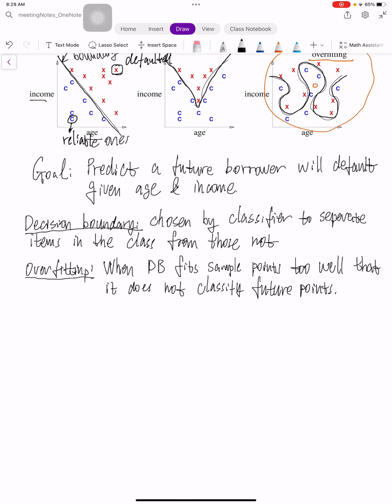Next, in a lot of cases, the decision boundary is determined by a function called the decision function.